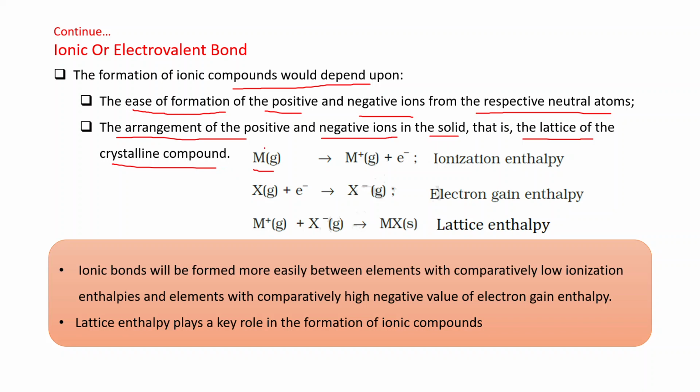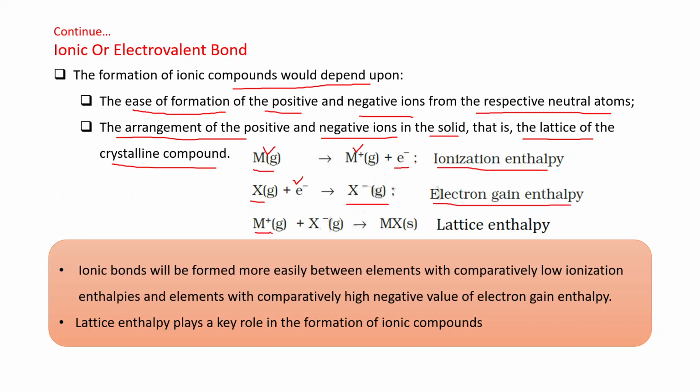A metal in the gaseous state loses one electron and converts into a gaseous metal ion, and whatever energy is required for this process is known as ionization enthalpy. A non-metal gains an electron and converts into a negatively charged ion, and whatever change in heat or energy takes place in this process is known as electron gain enthalpy.